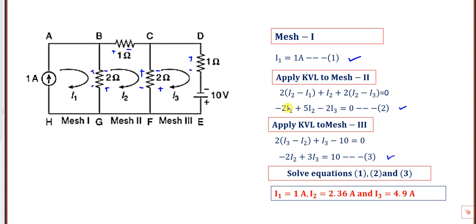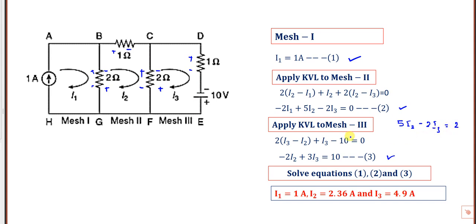So if I substitute here, I1 is 1 amp. If I substitute I1 value equal to 1, we'll get minus 2. If you bring it to the right side, you're going to get 5 I2 minus 2 I3 is equal to plus 2.